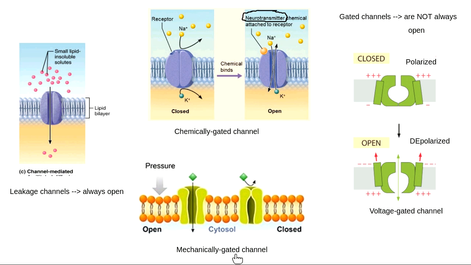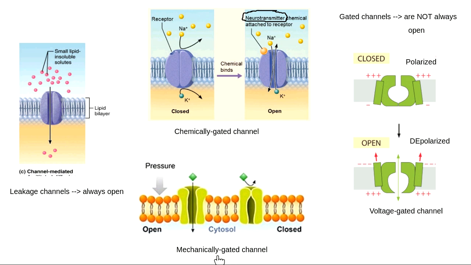Mechanically gated channels are a lot like the kind of gate you think of normally when you think of a gate on a fence or a gate to a backyard. In a mechanically gated channel, what opens up these channel proteins is when we physically press on them. So we apply some kind of pressure to physically change their shape, or we physically press open the gate.